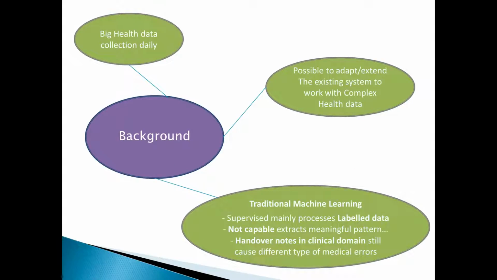There is an urgent need for this kind of work, because in the clinical context, a lot of health data is collected every day. It's called big health data, and it is big not just in terms of the large number of patients, but the variety of data.